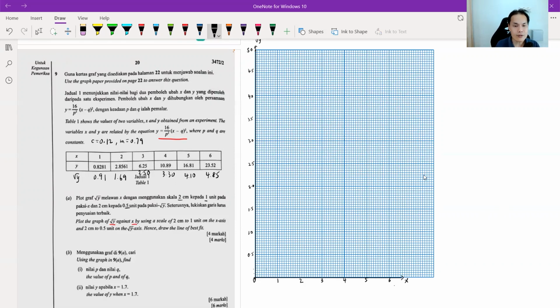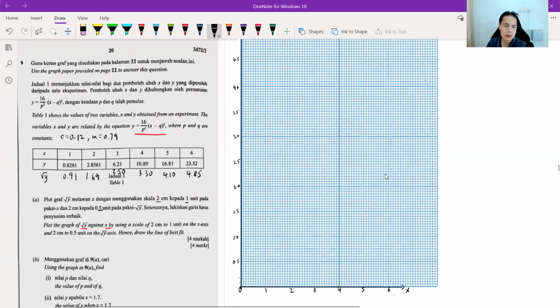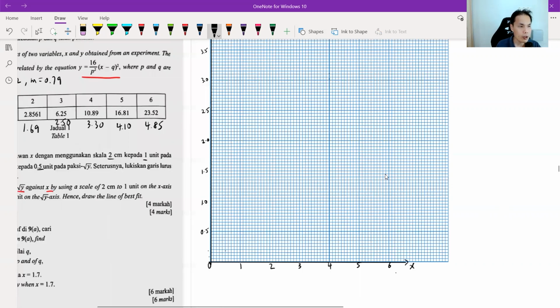Now let's plot 0.91. Let me zoom in a bit to see. 0.91, the first one, is over here. The second is 1.69 or 1.7.